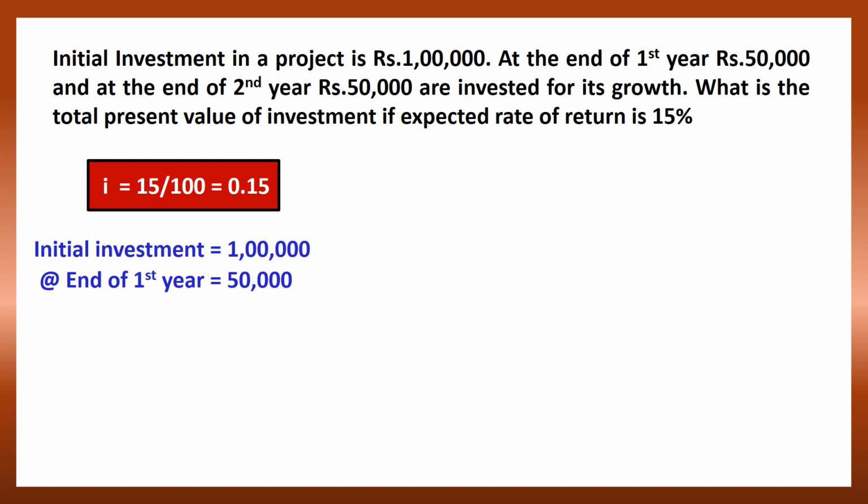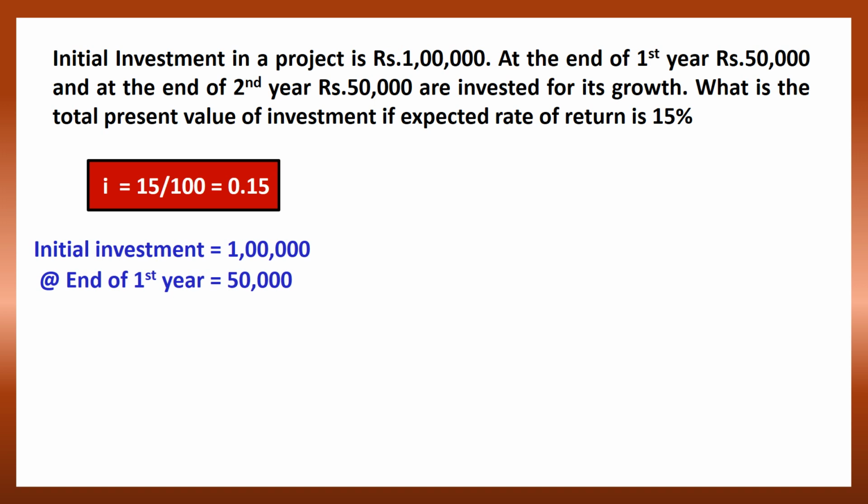The percentages are given as column headings and the number of years are given as the row headings. We have to choose the right column using the percentage and the right row using the number of years. Here 50,000 rupees has to be multiplied with the present value factor at 15 percentage for 1 year.